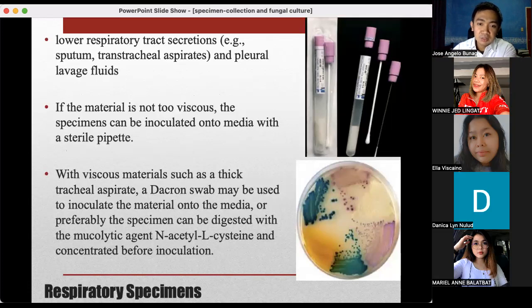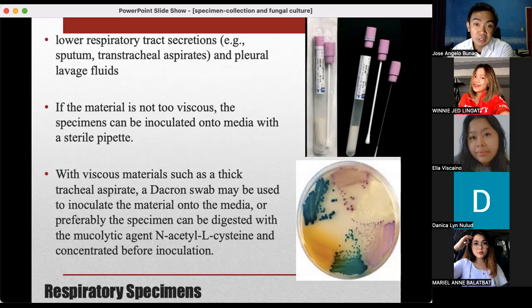Okay, yung ating mga respiratory, no, sample. So many fungal infection have a primary focus on your lungs, no, particularly sa mga lower respiratory tract secretion such as your sputum, your transtracheal aspirates, mga pleural lavage, no, these are commonly submitted.